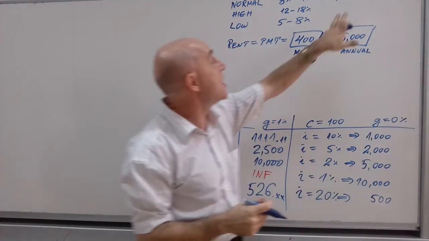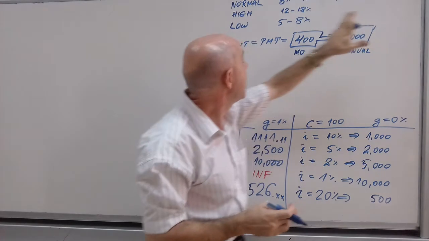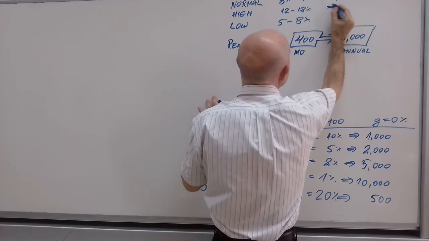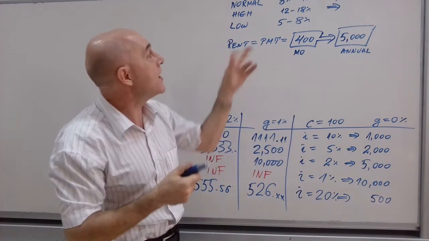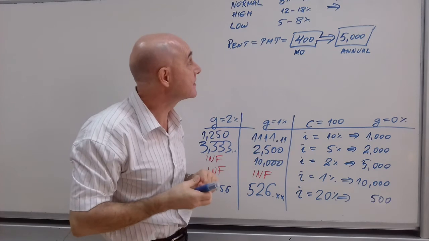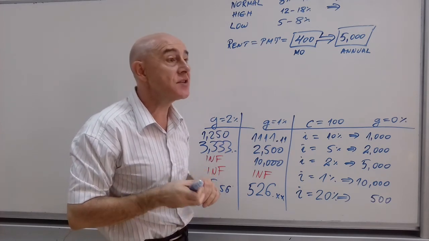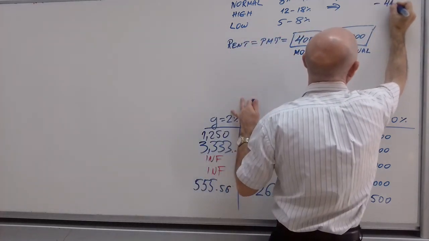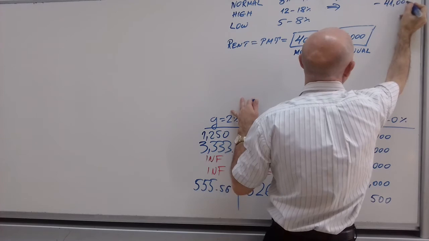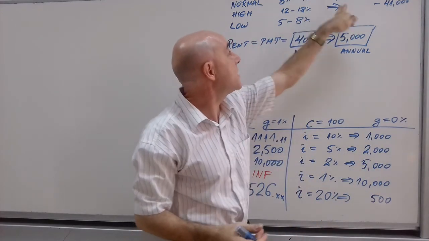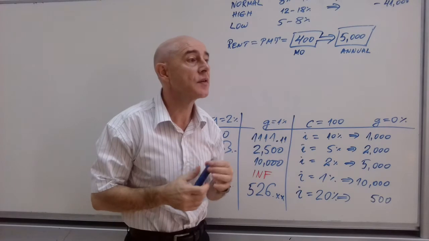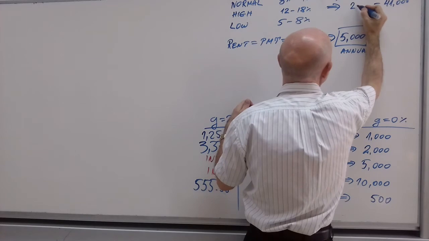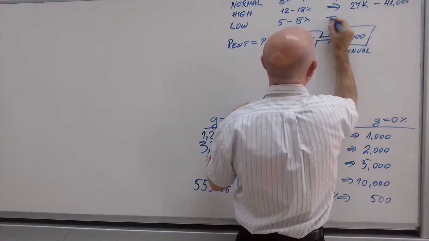Okay, so this is the normal range. Now, if interest rates are high, what's the price? 40,000? 41 something to... what's it at 18%? 27? 27,000.